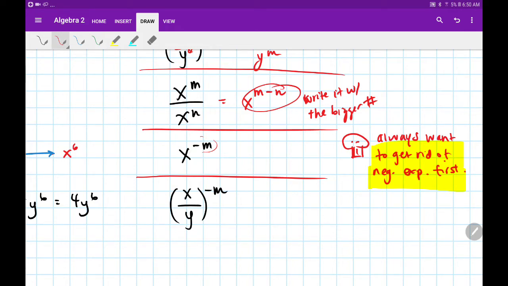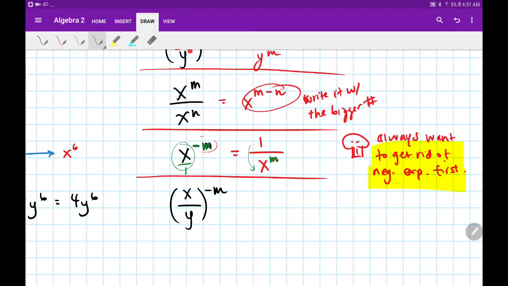You can transform x to the negative m, which is really rewritten as 1 over x to the m. Look at what happened. My exponent changed from negative to positive, but only when we moved our base from the top, or the numerator, because technically this is like x over 1, to the denominator.